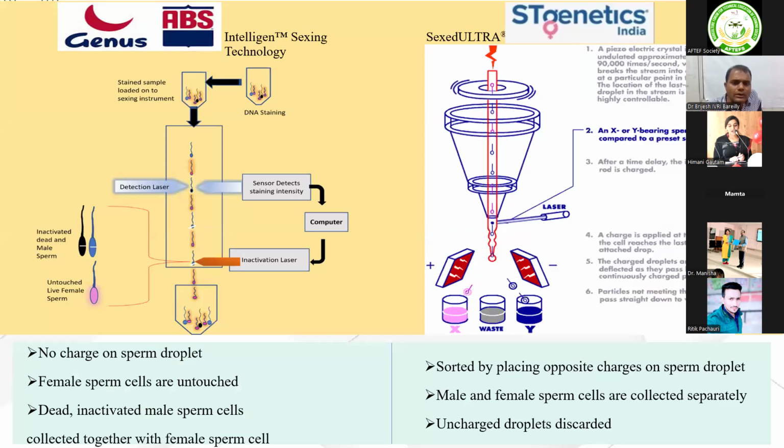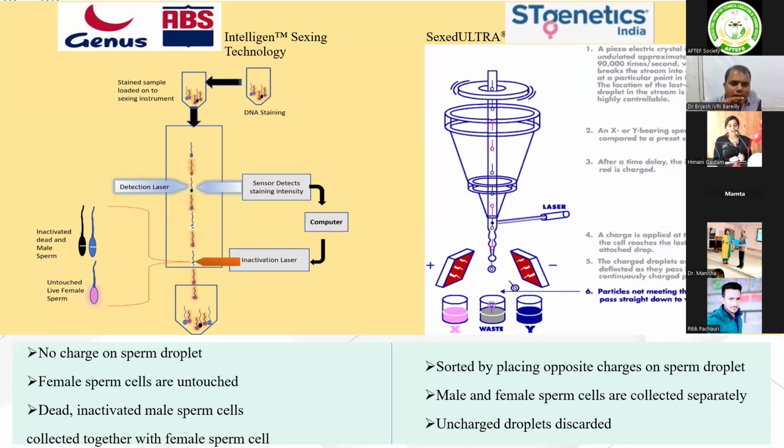Both are using the same principle, but the only difference is that ABS Genus Breeding India kills the Y spermatozoa and keeps them together. But ST Genetics separates both the spermatozoa alive in a different manner.